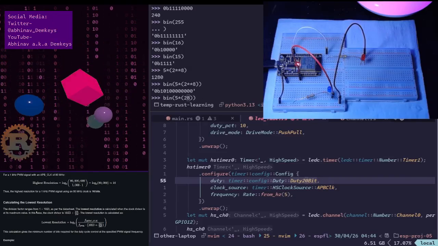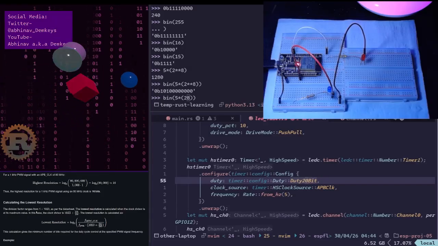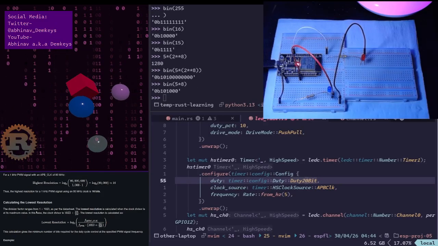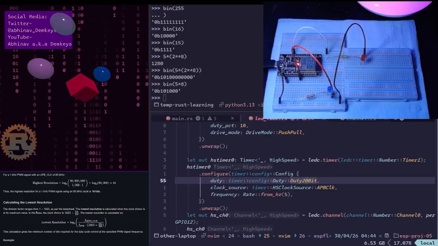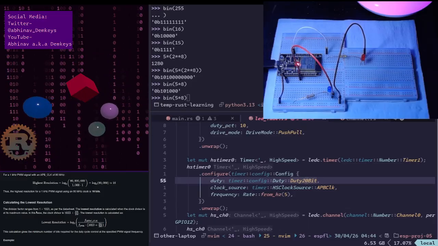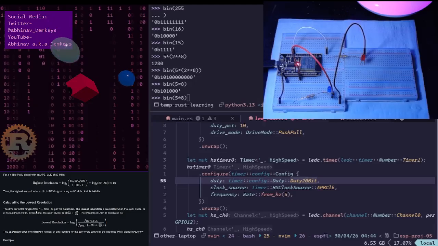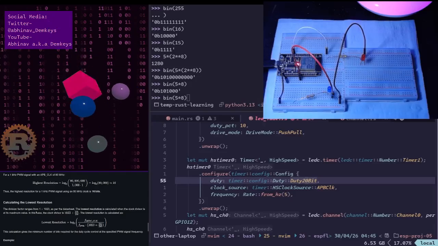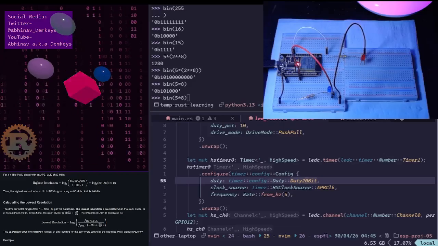Sorry, you multiply your value by 2 to the power 3, which is 8. Okay, all right. In binary, this moves 1, 0, 1, 8 places to the left.